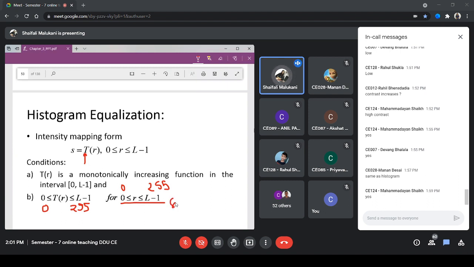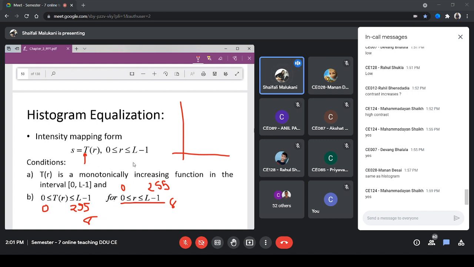If it is an 8-bit input image, the output should also be 8-bit only. It should not increase or decrease the number of bits, and that is very logical. So any T that satisfies these two conditions can perform histogram equalization.